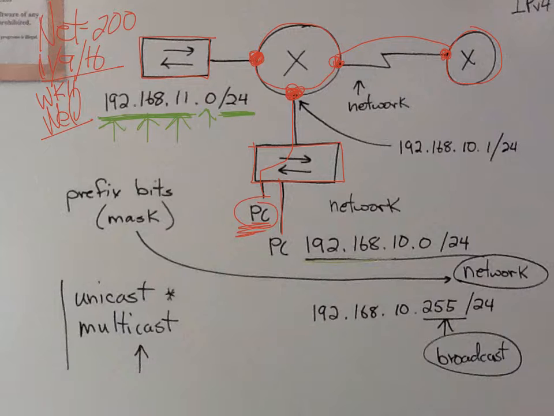And this network, come right down here, this is a 10. 24 again, so that means this part's the network, and this part is the host. Same thing up here, that's the host part. Okay? And so they are on different networks, right? Because that's a 10 and that's an 11.